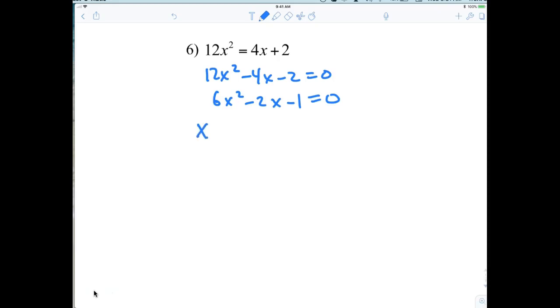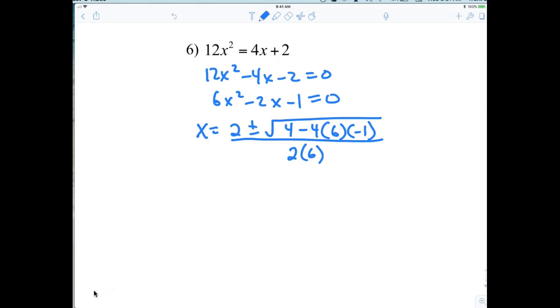Okay, so now x equals 2 plus or minus the square root of 2 squared, 4 minus 4 times 6 times negative 1 all over. So now we have x equals 2 plus or minus the square root of, is that 28?